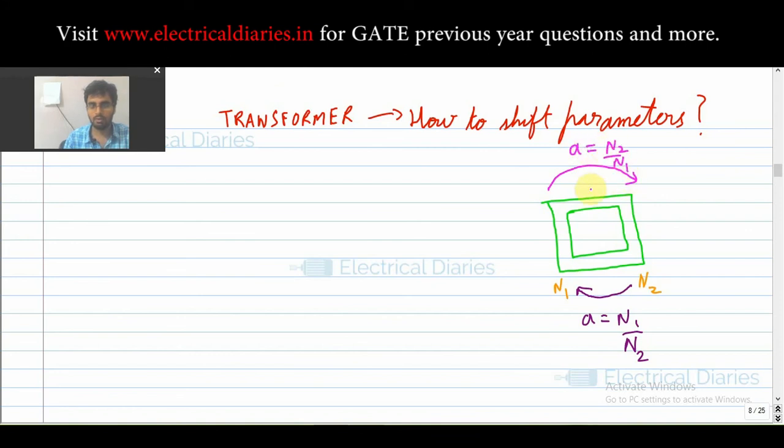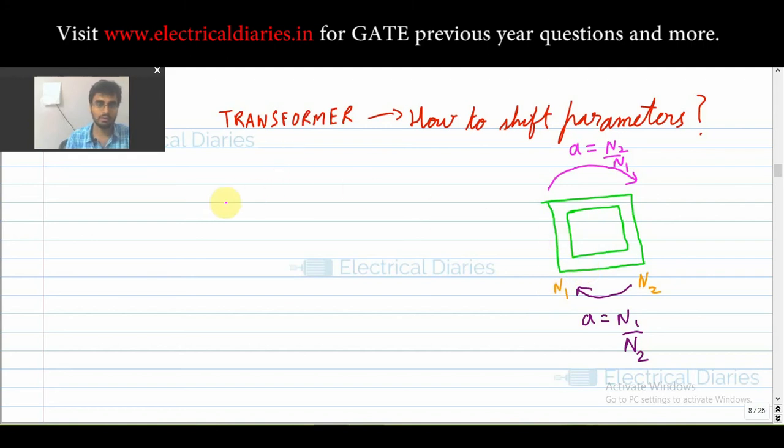How do you remember this? If you move from N1 to N2, you are shifting parameters towards the secondary side, so you take A as N2 by N1. If you are shifting your parameters from this side to this side, then you take A as N1 by N2. So in the numerator you always take the term of the side to which you are shifting. Okay, so that is the case.